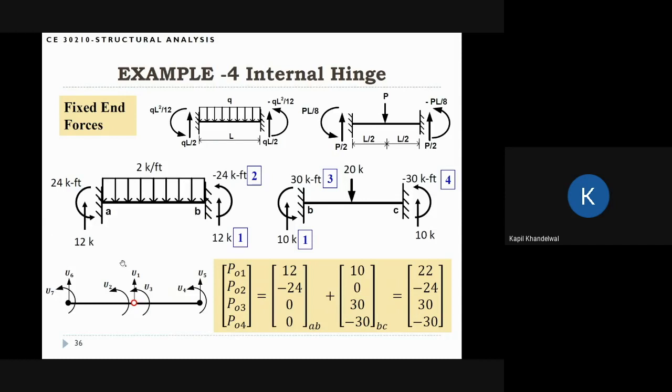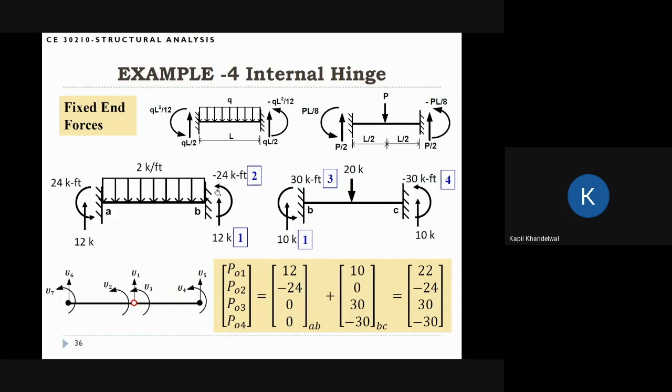And again, we have to build that POF vector. So in this case, we have to just label where the degrees of freedom are. So this is the B here. This is the first degree of freedom, the vertical force. And again, the same thing, the vertical force is the first degree of freedom here.